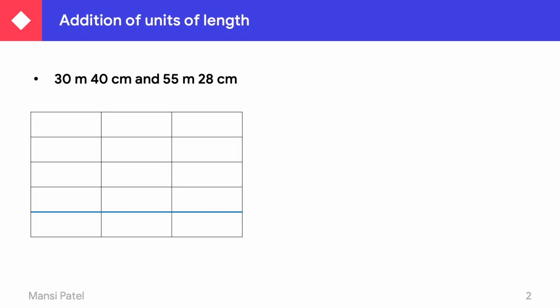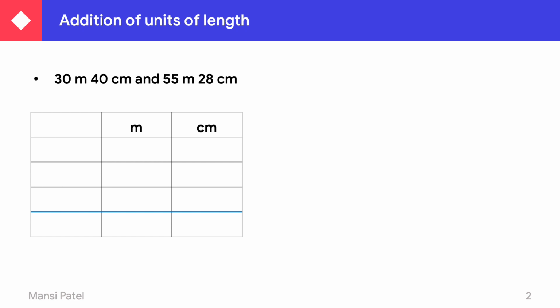In that you have to write down the given units, and in our question, the given units are meter and centimeter. So the bigger one of these two you have to write down first. So it is meter.